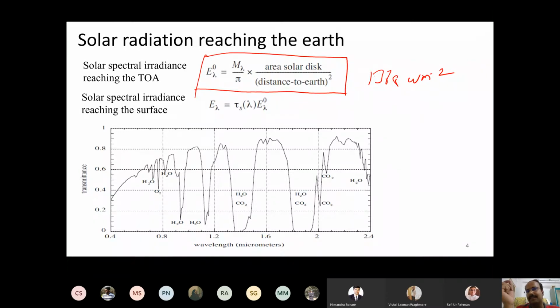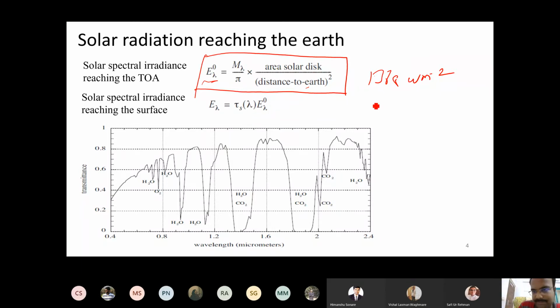So essentially, you are integrating Planck's law within that bandwidth and adjusting it for the distance between the sun and earth. Once you do it, we will get the irradiance from the sun reaching the top of Earth's atmosphere within that given bandwidth. That is well known to us now. We can calculate it; basic methods we have already seen.